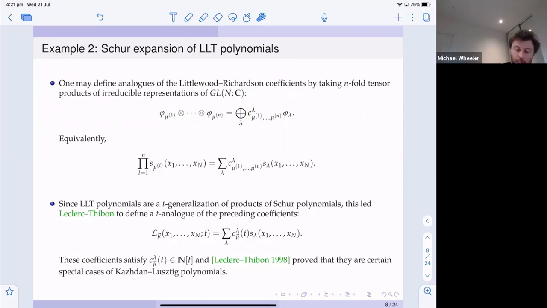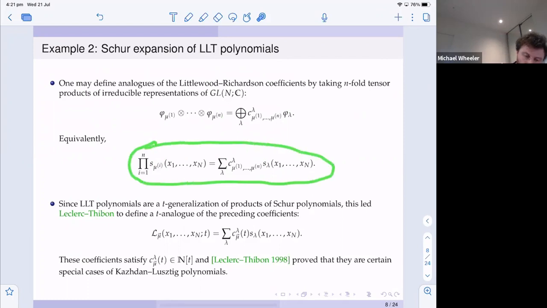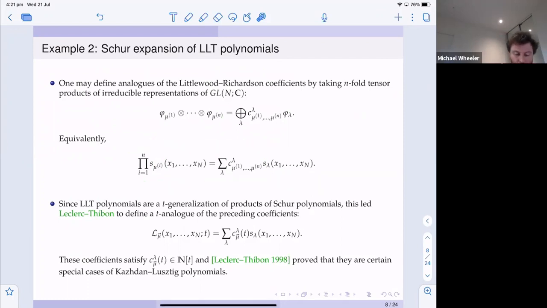Equivalently, if I want to phrase this in terms of Schur polynomials, I multiply n Schur polynomials indexed by these Young diagrams, and I expand that over the Schur basis with some coefficients. So this is a generalization of the Littlewood-Richardson coefficients. Based on this formula, Leclerc and Thibon defined a t-analog of these coefficients.